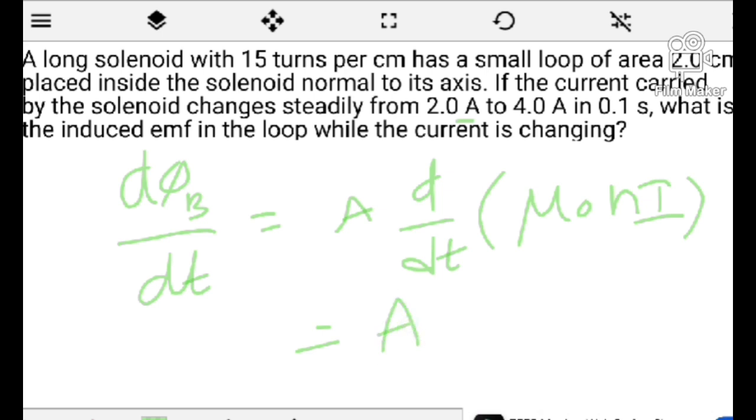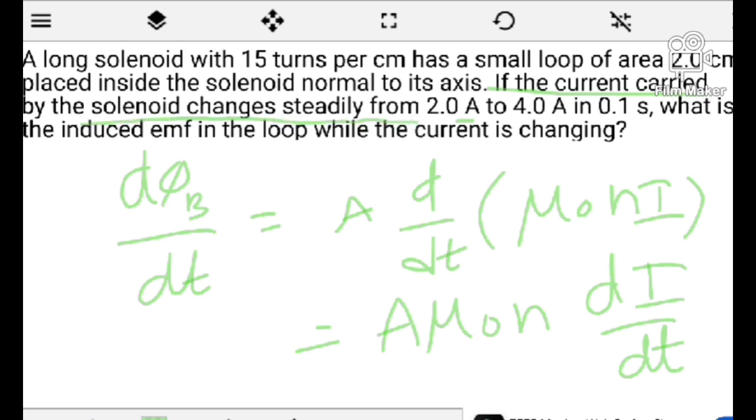These are constants, so you can separate them from the differentiation. That gives A mu naught n times di by dt. Since the current carried by the solenoid changes steadily, di by dt equals delta I by delta t.